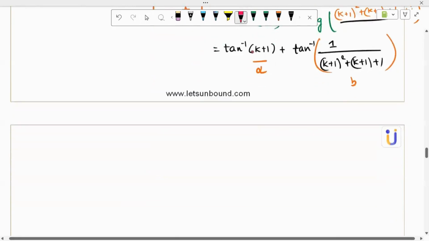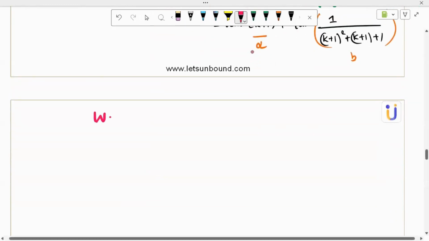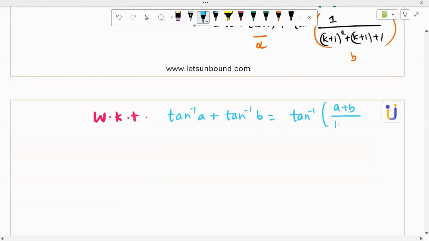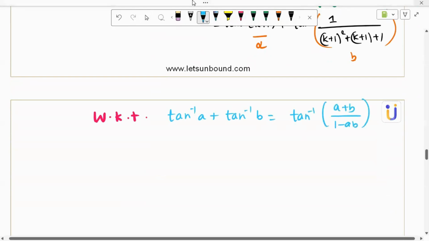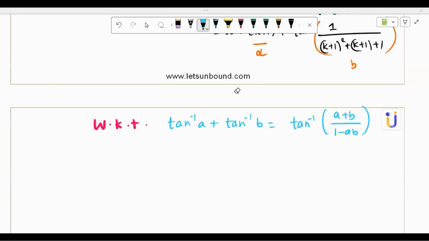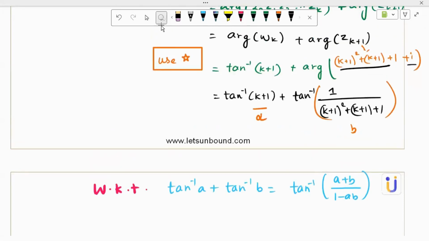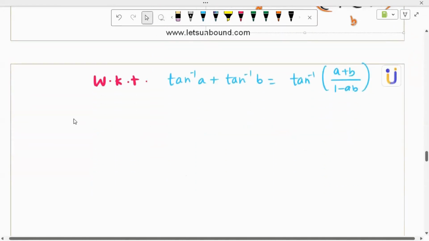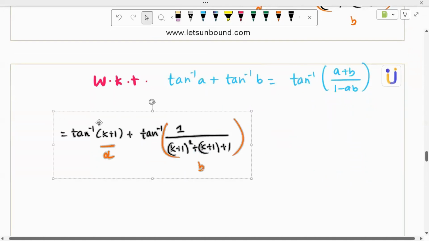And we know that we have proved in the same problem that tan inverse A plus tan inverse B can be written as tan inverse of A plus B divided by 1 minus AB. So we know this and we can substitute that over here. Let me copy the step and we can follow here. It needs some space.